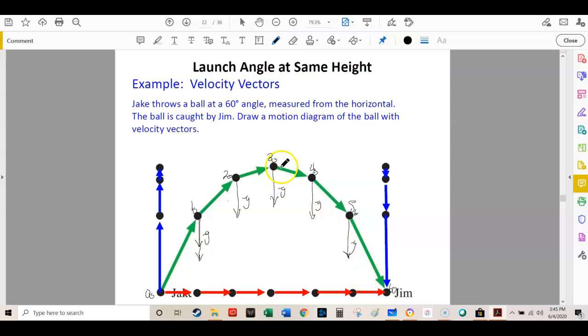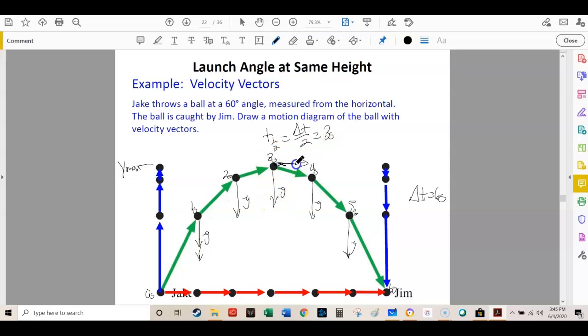So at this point in time, at the halftime of flight, if delta t is 6 seconds, this is the halftime of flight, and that is delta t divided by 2, the 3 second mark. Where it reaches its maximum height is also at the halftime of flight, as long as it's being launched and caught at the same angle. So this is 3 seconds.